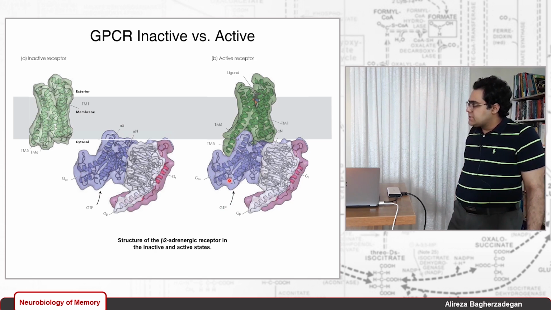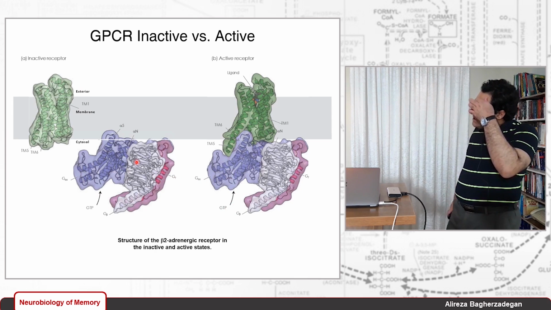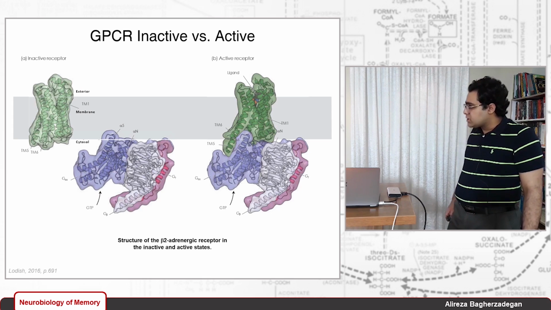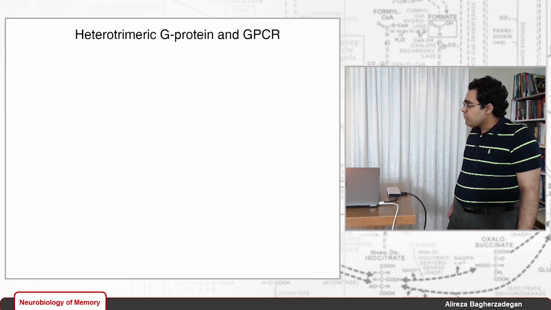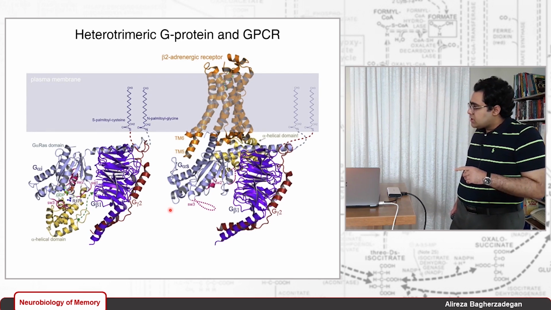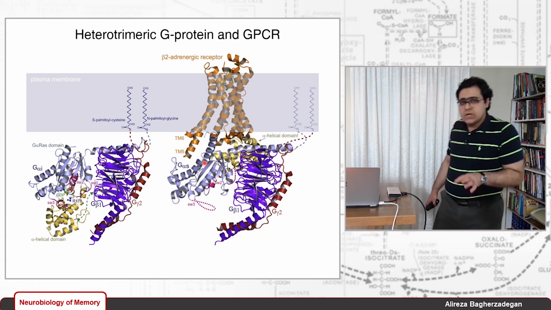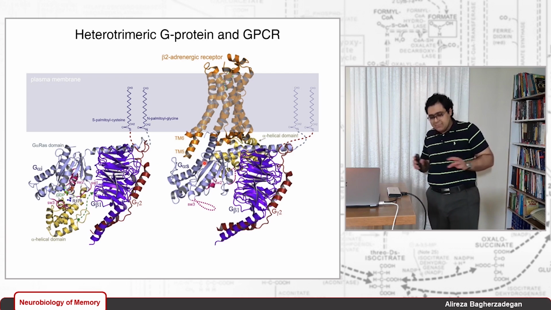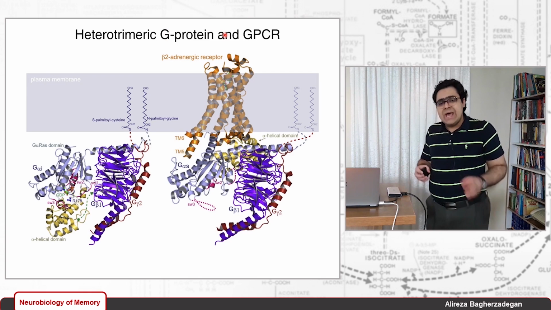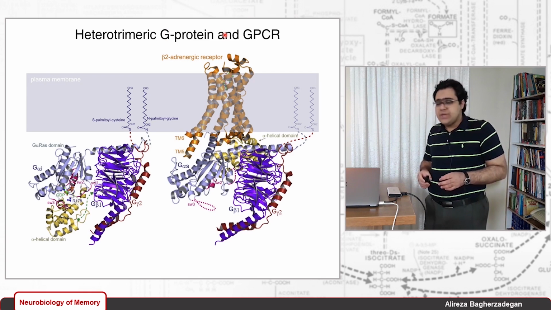So this shows the difference between the active and inactive G protein coupled receptor. But in this picture, you see the exact conformational change and the exact mechanism by which the G protein coupled receptor acts as a guanine exchange factor.